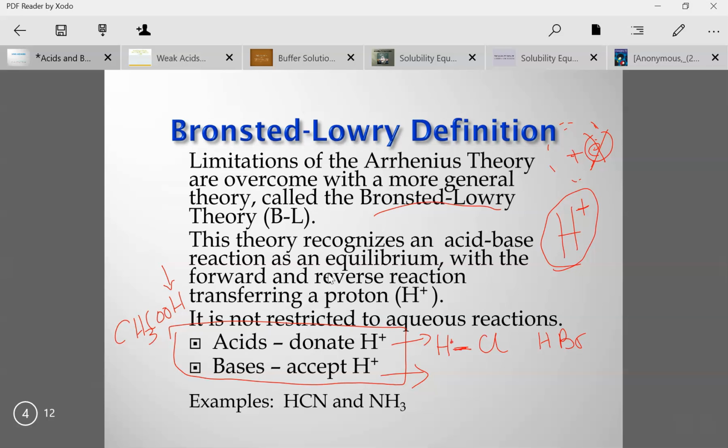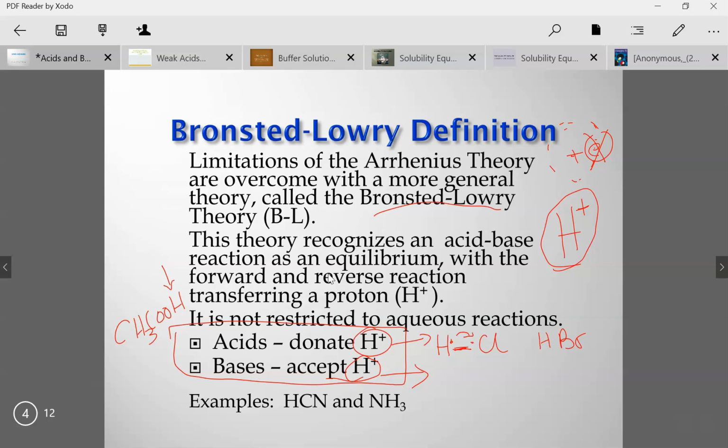That's one electron from the hydrogen and one electron from the chlorine. This chlorine can take the electron from the hydrogen and give that hydrogen ion, now a proton, because it's lost its electron away. So it's donating the H plus by accepting that electron from hydrogen, and therefore it acts as an acid. Bases accept the proton from an acid.